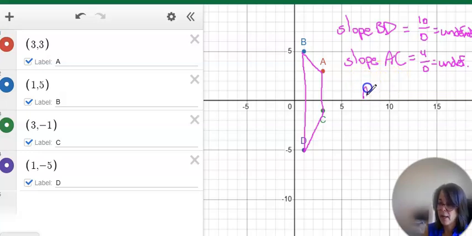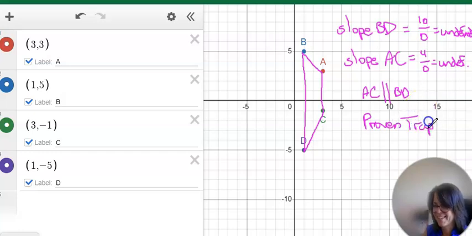They are parallel, and we can write that as AC is parallel to BD. And because they are parallel and there are 4 sides, we meet the requirements, and this proves that this is a quadrilateral. Or sorry, a trapezoid.